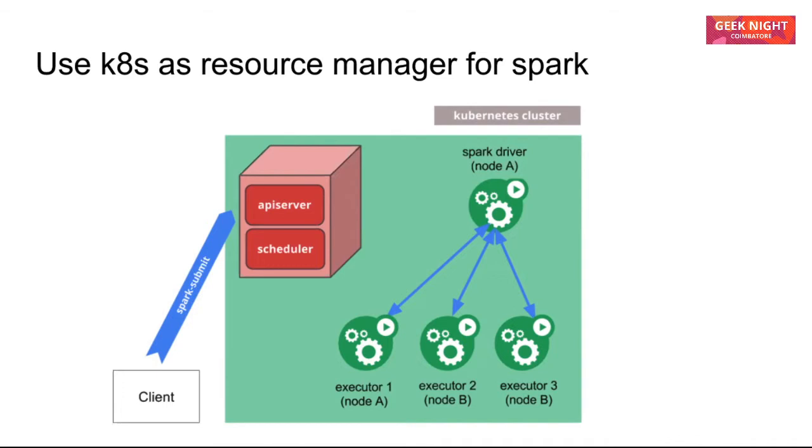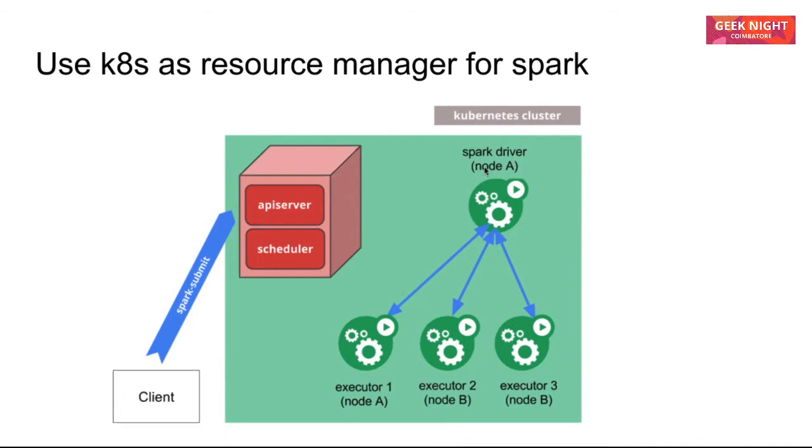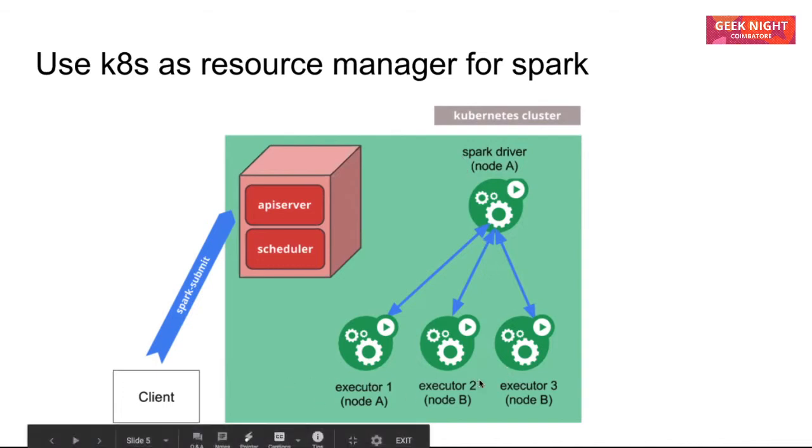But it's a pod. Why is it a controller pod rather than any other normal pod? Because it's going to manage the executors. Whenever an executor goes down, the Spark driver being a controller knows the desired state to be 3 executors, and whenever one goes down, it will bring up an executor to make sure we have 3 executors.